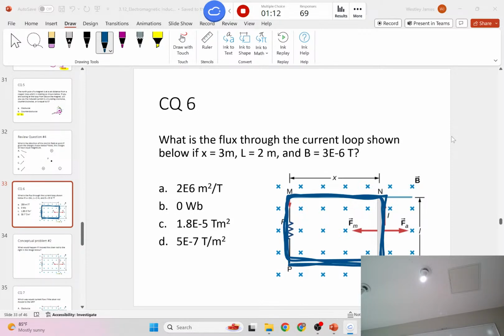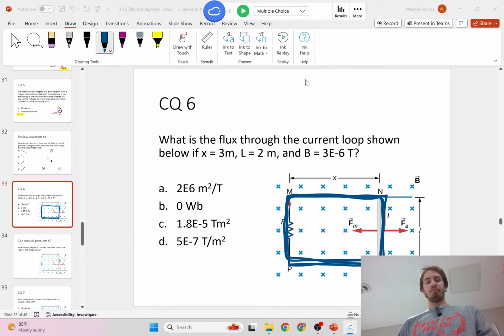All right, we'll go to 1:30, so 15 more seconds. And we'll close this out in 5, 4, 3, 2, 1.